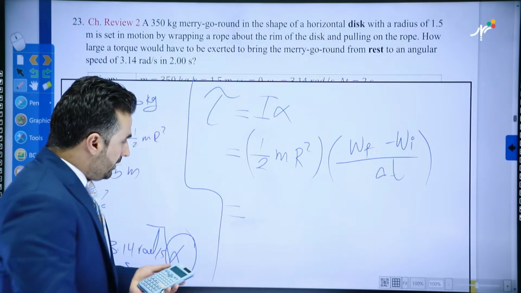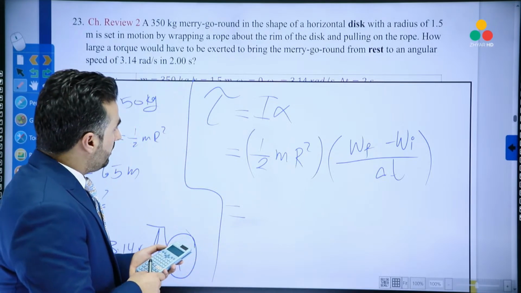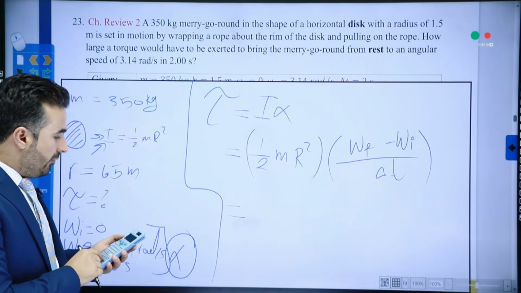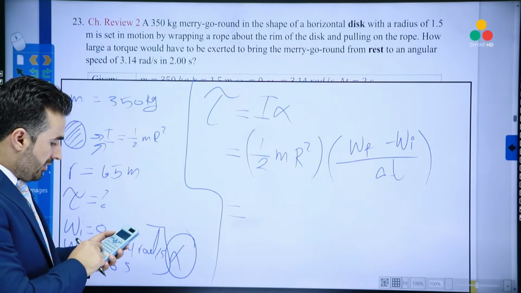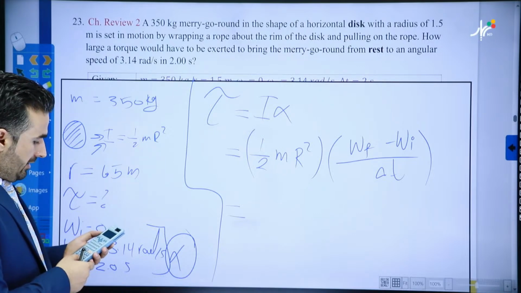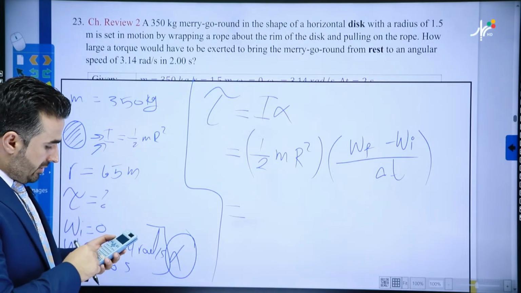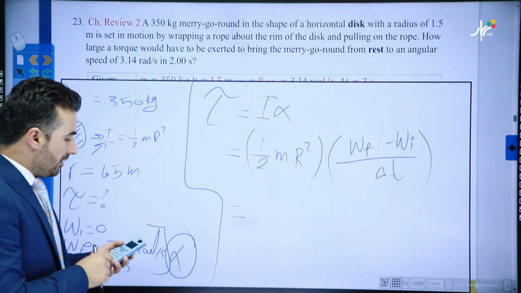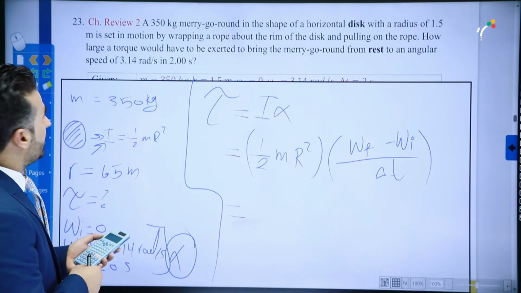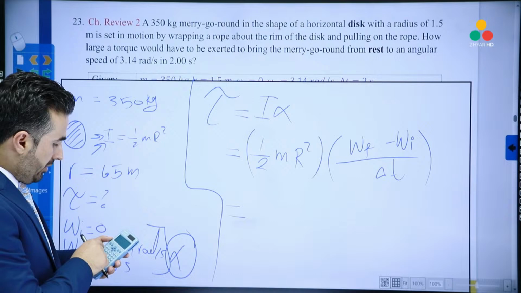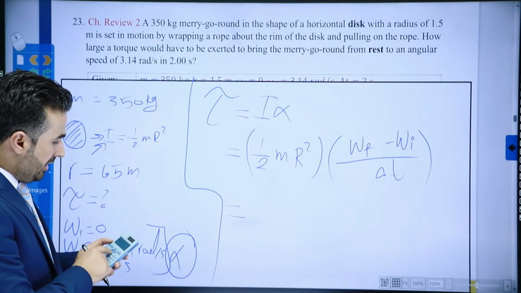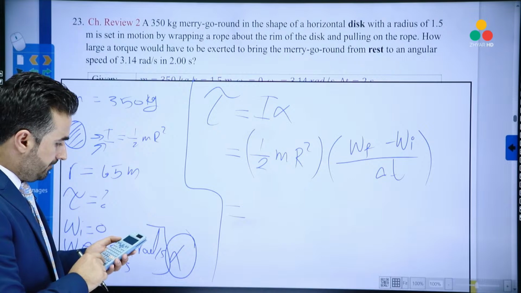So 1/2, that is 0.5, multiplied by the mass, which is 350 kilogram, multiplied by the radius, which is 1.5 squared, and then multiplied by the angular acceleration. What is final? It is 3.14. Initial was 0, so we could just multiply by 3.14 divided by 2 seconds.